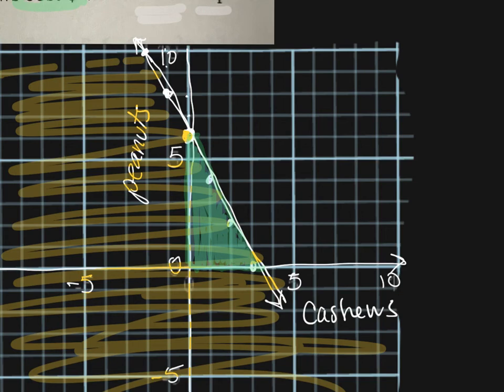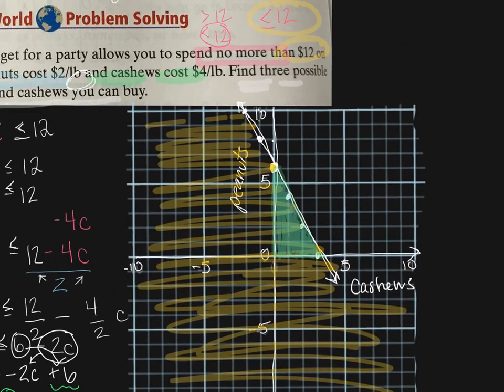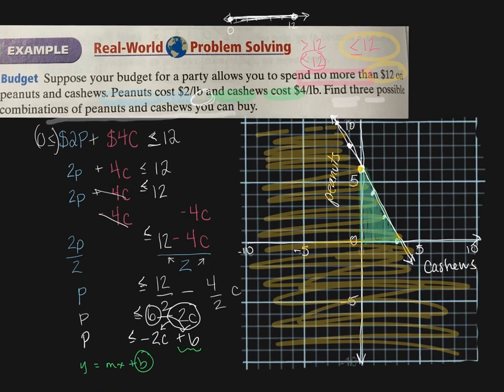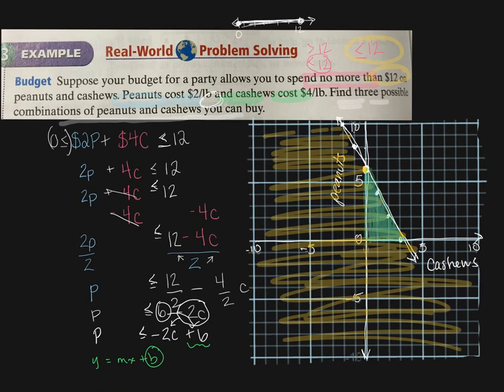So if it has to be above 0, then let's go back to my question and see if I can answer it. I want to find 3 possible combinations of peanuts and cashews I can buy. So pick any 3 areas within my shaded area. I could pick this point right here. I could pick this point, or this, or this. Again, remember, I don't want 0.